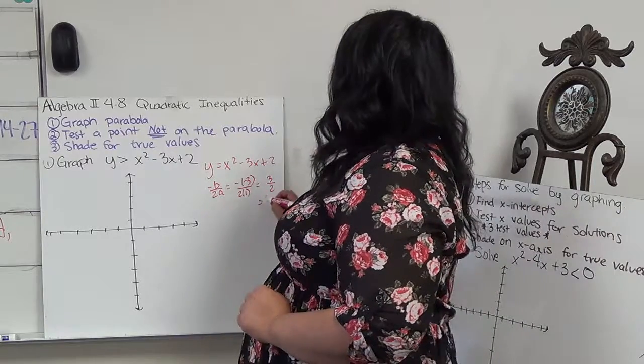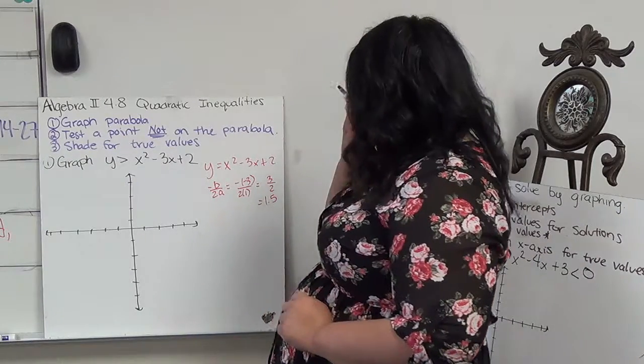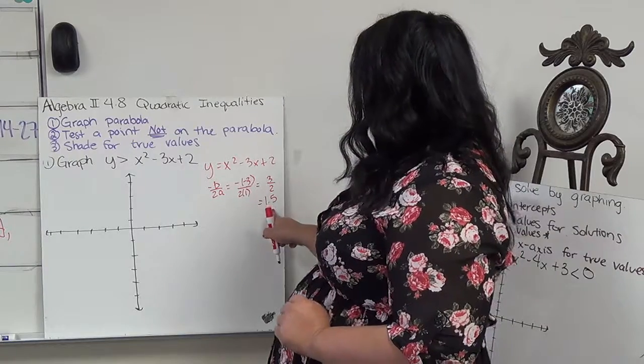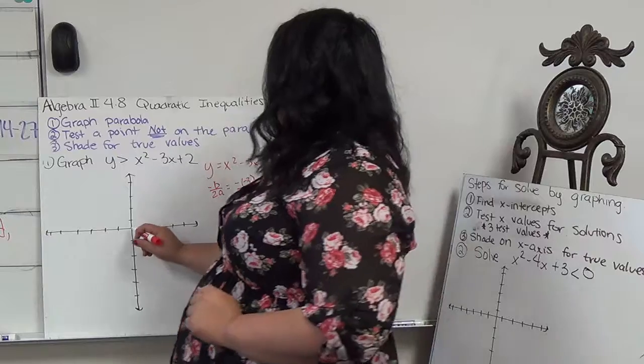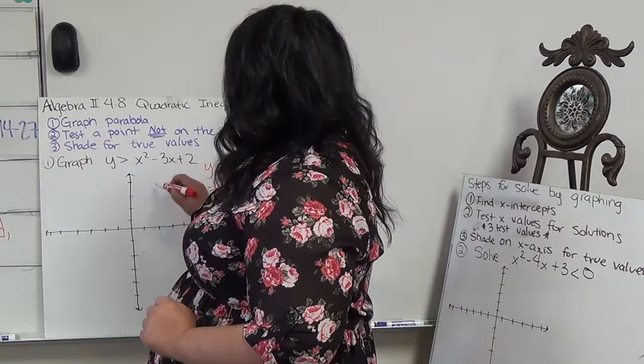So this is 1.5. That's my axis of symmetry, right here.